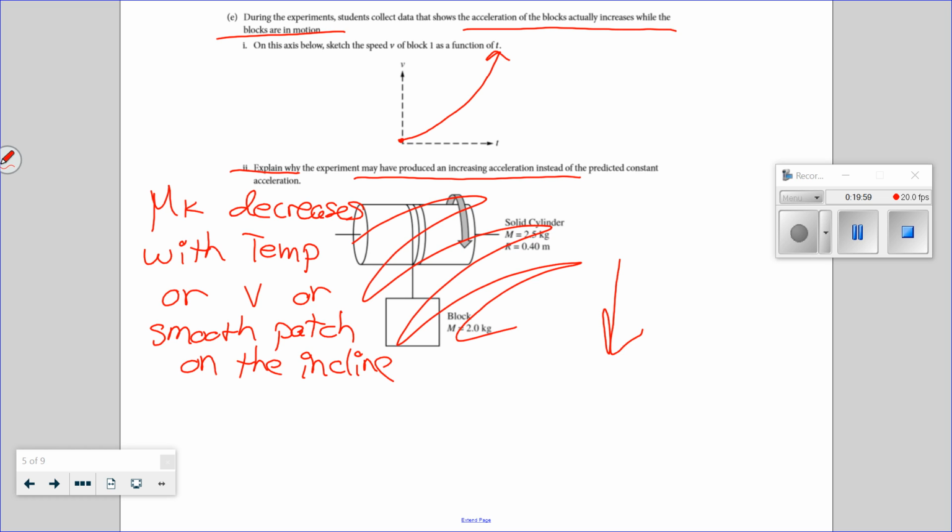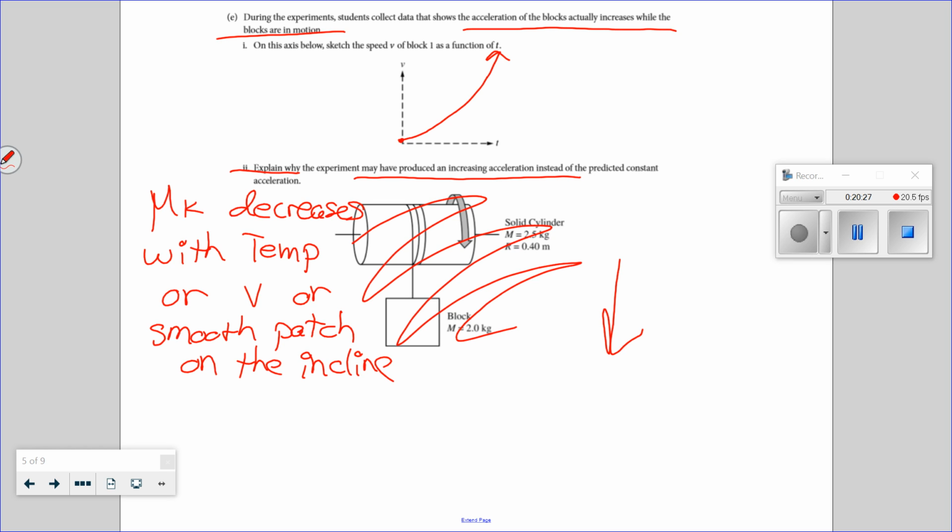Let's see what they have to say. Okay, 1 point for a concave up curved graph. Explain why it may have produced increasing acceleration instead of the predicted constant acceleration. 1 point for providing evidence to support the claim. And they exactly have the incline is smoother.